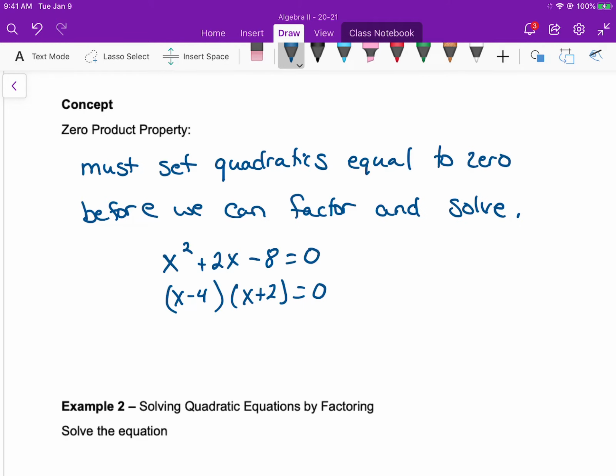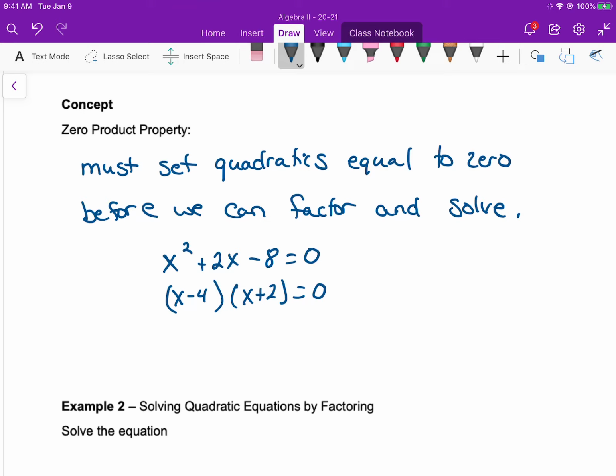Now we are going to talk about the zero product property. For quadratic equations, if we are solving them by factoring, we have to set them equal to 0 before we can factor and solve. That's the example we just factored above, and we just had the graph. There are the factors we came up with, x minus 4 and x plus 2.